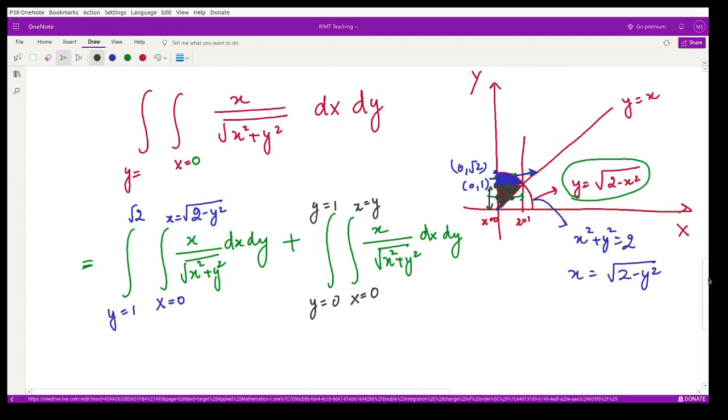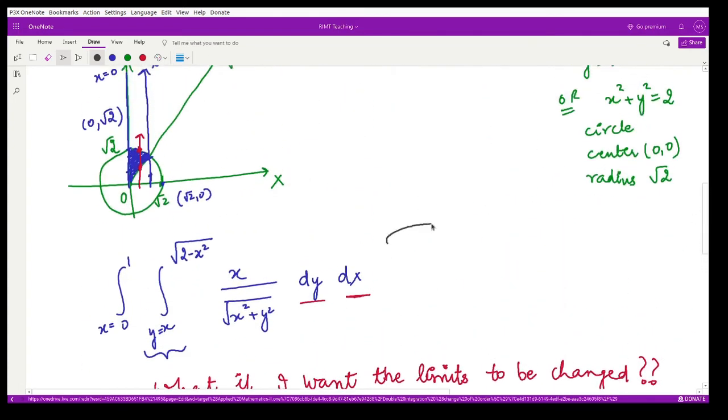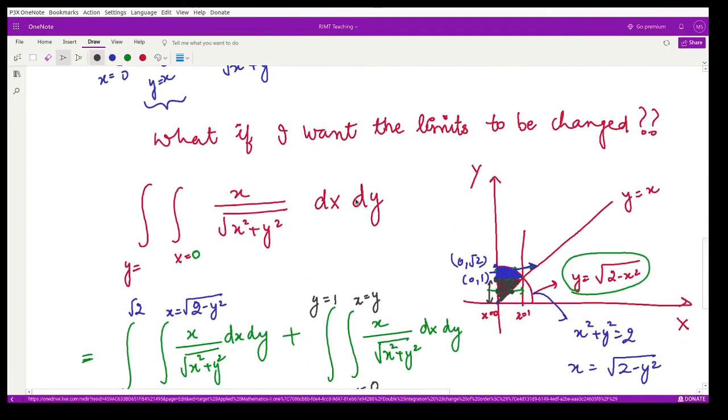Now what was the need to do that? Now you would say, I could very easily solve one integral, this one integral. So why do I go on changing the limits first? Why should I change the limits and then solve two integrals if I get the same answer?